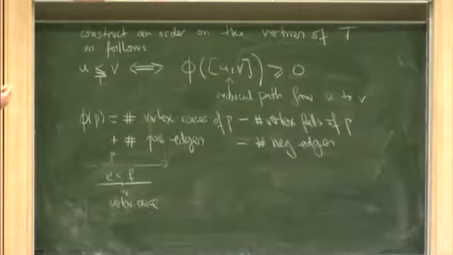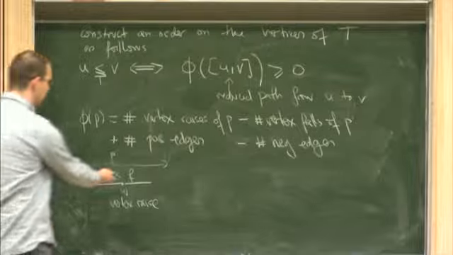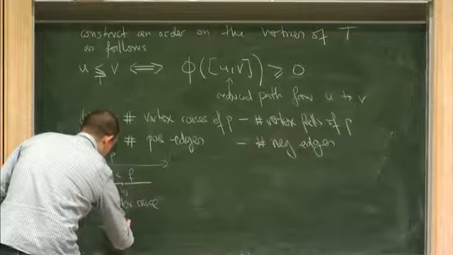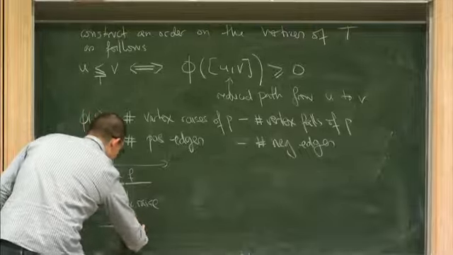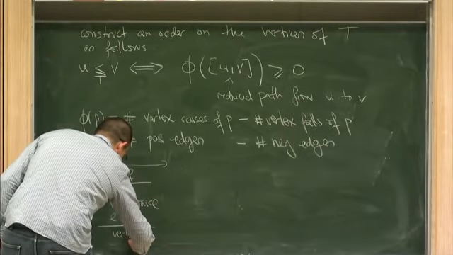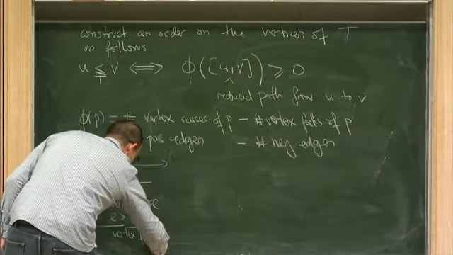So it's growing on this vertex. Equivalently, if you have that E is less than F when you are going in this direction, this is a vertex fall.